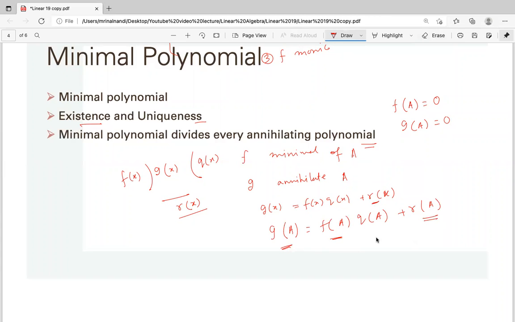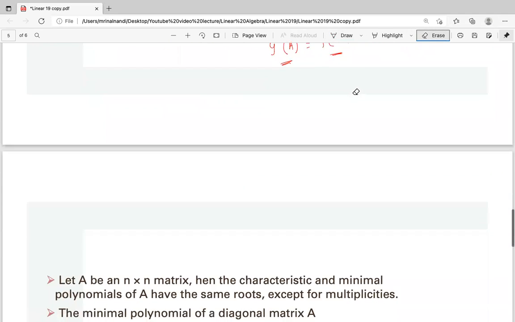That means R is also an annihilating polynomial, but the degree of R is less than that of F, so there is a contradiction. So the minimal polynomial divides every annihilating polynomial. It is just the basic division algorithm.